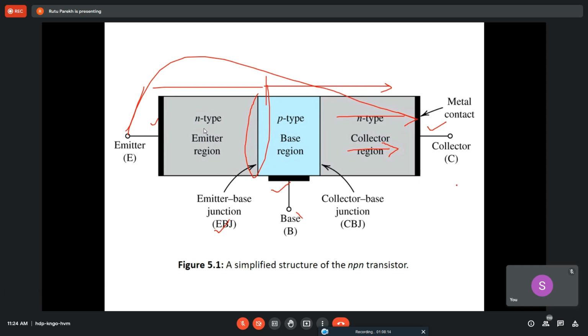So there are 4 different ways to connect those voltage sources to these 3 terminals: both forward bias, one forward and one reverse, one reverse and one forward, or both reverse bias. The way you connect, it will operate in different ways. Is that much clear to you?